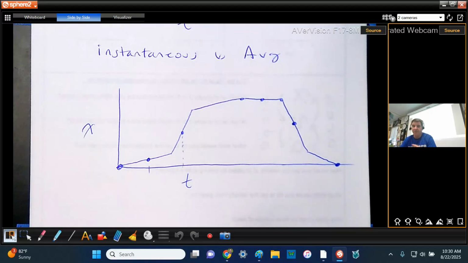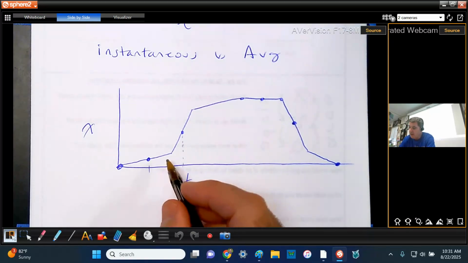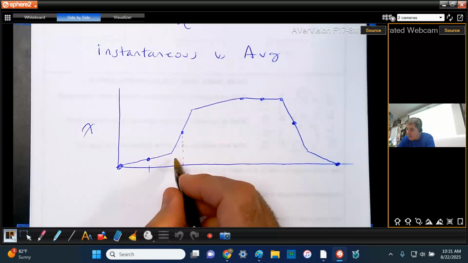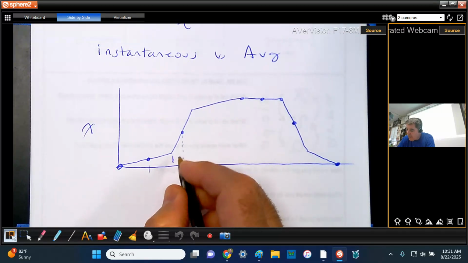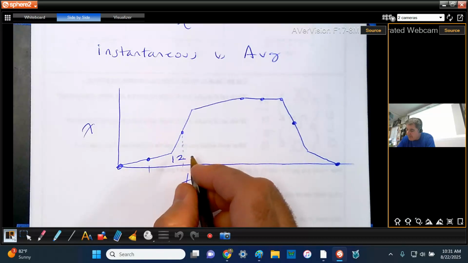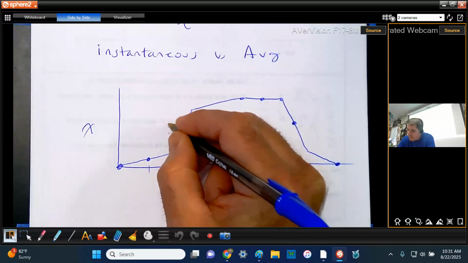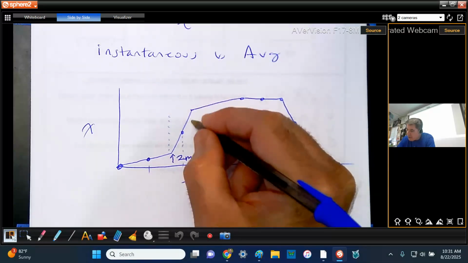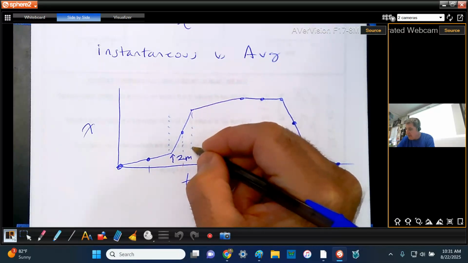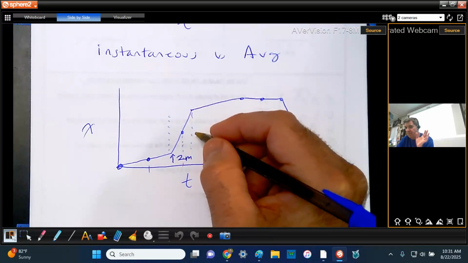Let's just put numbers on this for distances. Let's say this first distance here is, I'm going to go up 2 meters. And then this one to here, we'll call about 4 meters, just to make this easy.